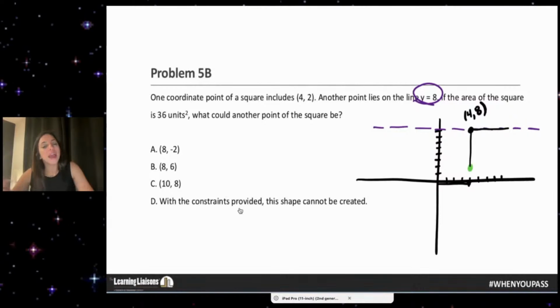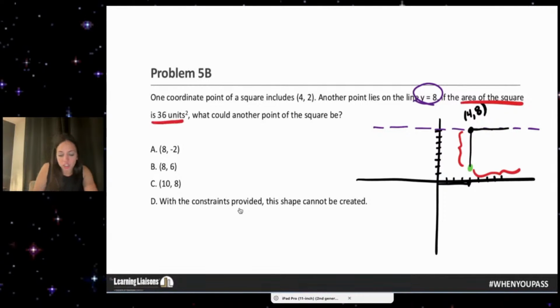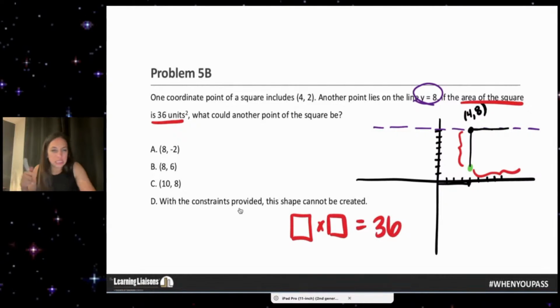So just because that point is not one of the answer choices, it could be one of the other 3 points. What we have to do now is figure out what is this distance so that we can figure out what is this distance. Well, they told us that the area of the square is 36 units. Well, what times what equals 36 so that they are the same?